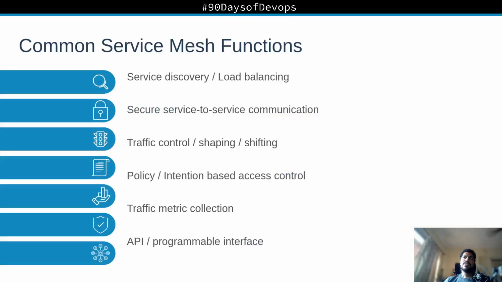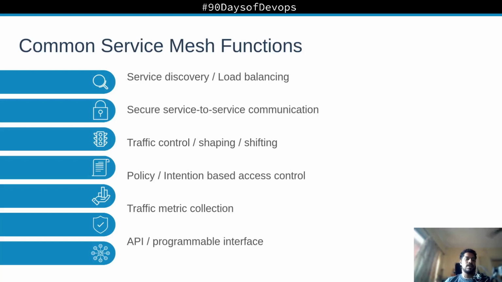So what are the common service mesh functions that are present? A few of them are load balancing, service discovery, secure service to service communication, and traffic controlling, like if I want to change my route, how do I reroute traffic.